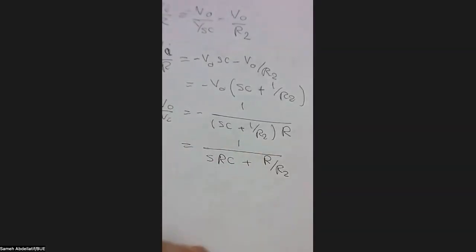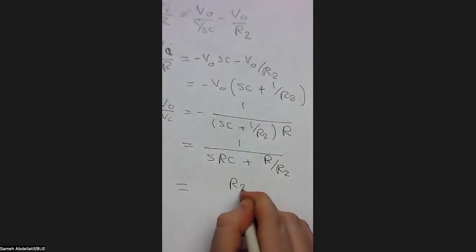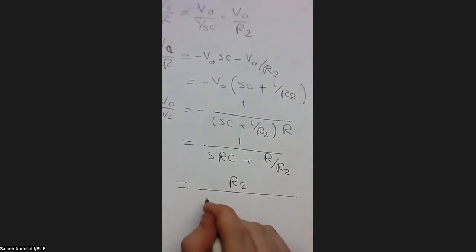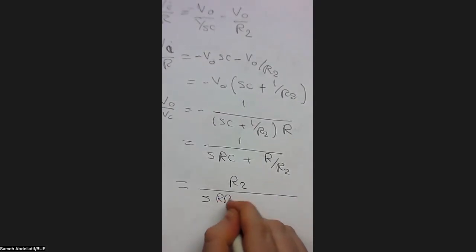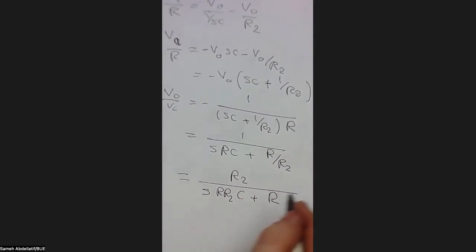You can multiply by R2 in the numerator and denominator, so you can get R2 over R2C plus R. So what is the difference between this term and this term?